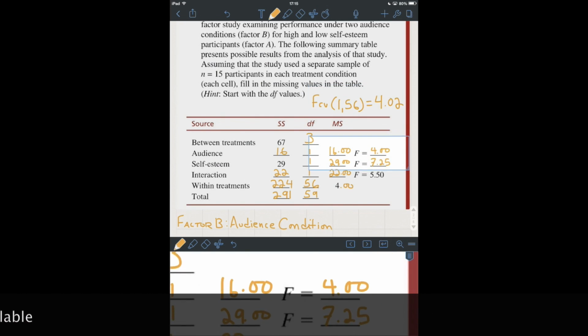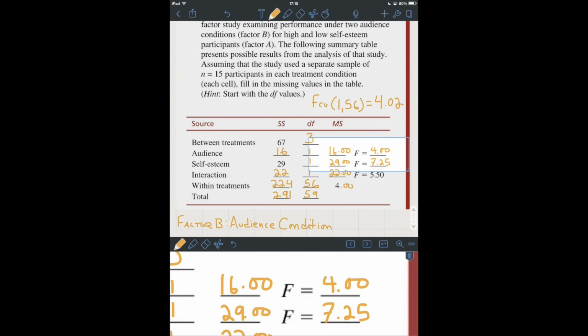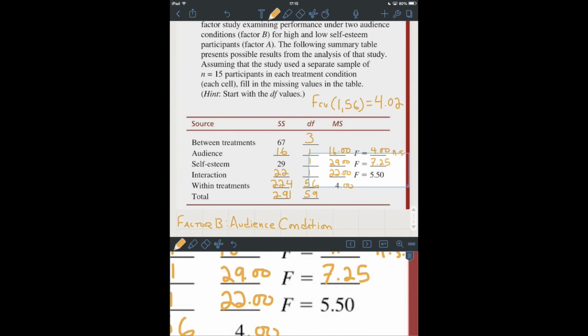Therefore, I'll just quickly write some symbols here. So the first F ratio for our audience effect is not significant because it's below that. And the two other F ratios, I'll just put an asterisk to represent significant at the 0.05 level. So self-esteem is significant and the interaction is significant.